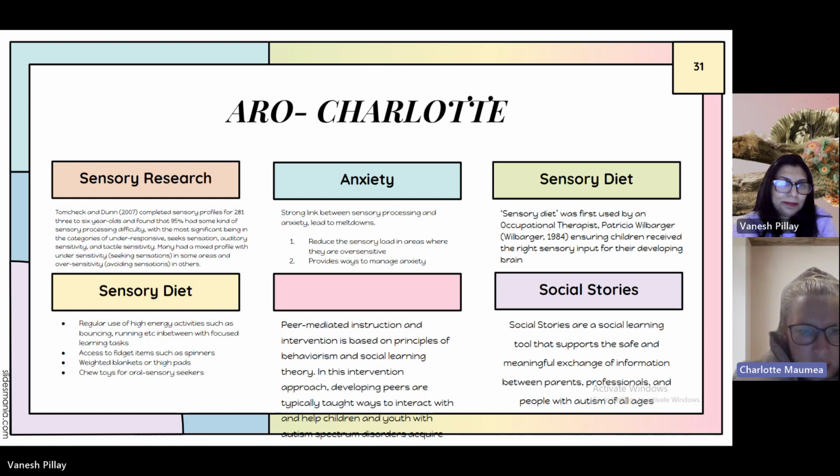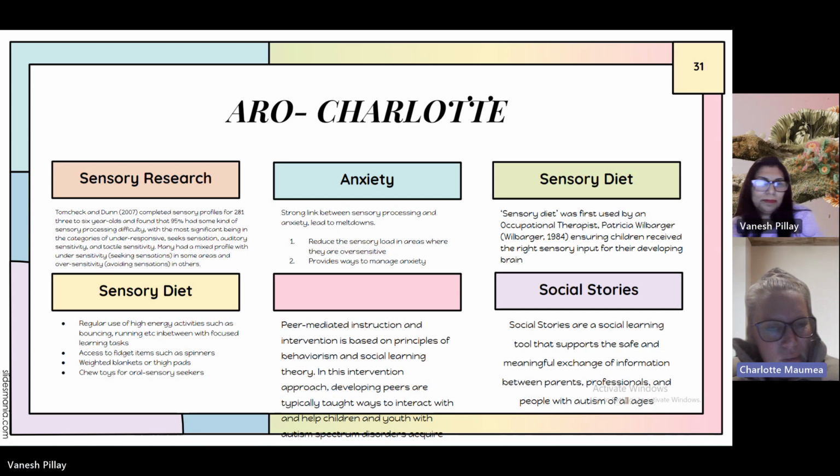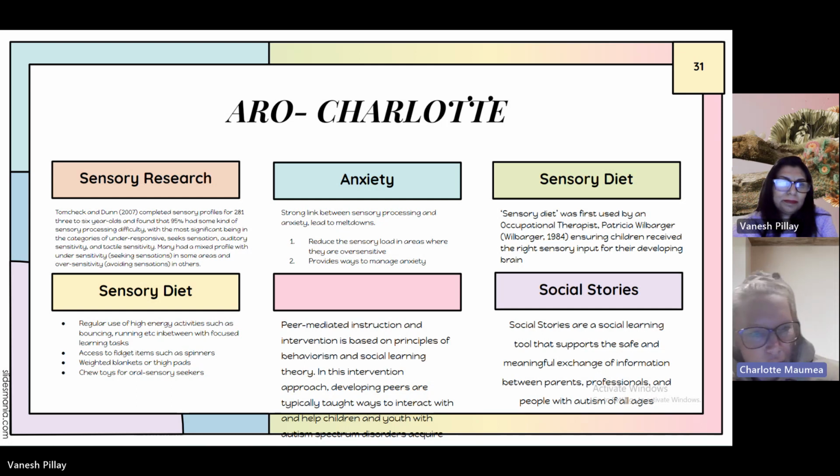From the sensory diet, the key ideas were high energy activities, and she suggested bouncing and running in between focused activities. I want to learn more about that, like whether there are specific tasks. Because what I had learned in teaching PE was that it was just physical activity, just get their body moving, and no specific action was better. So that would be interesting to find out.